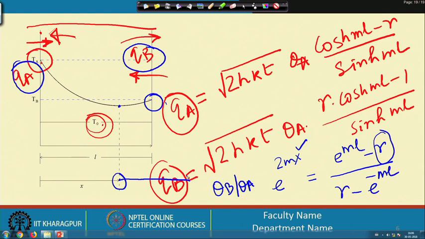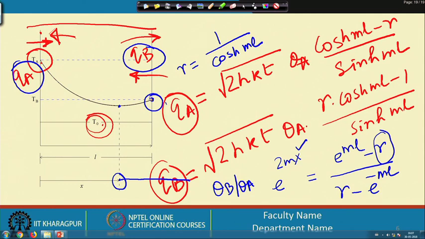Which means that at exactly r equal to 1 by cos hyperbolic ml, when this is the value of r, then we will find that this extremum is exactly at this location.